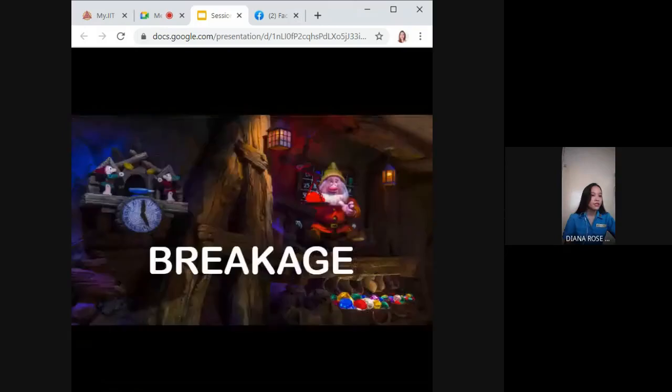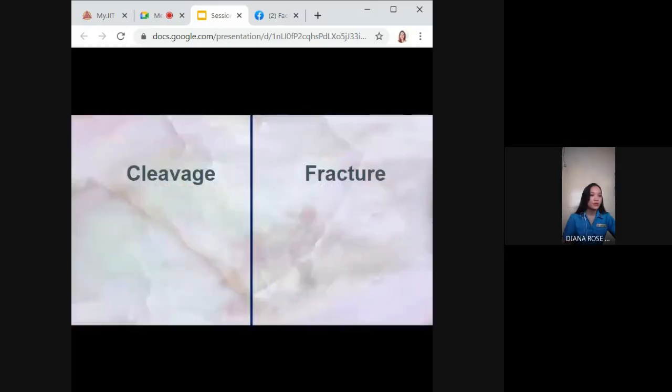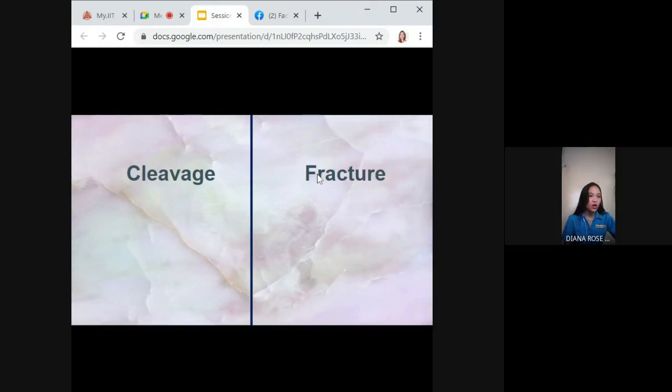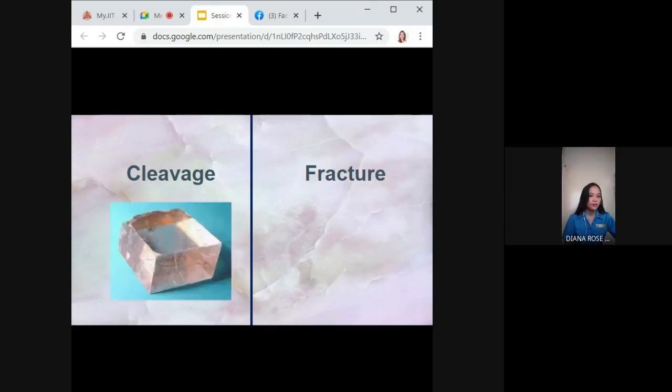Now, breakage. Breakage is the action of breaking something or the fact of being broken. There are two major ways in which minerals break when you give them a hit. First, they can break irregularly, in which case we say they have fracture, or they can break along parallel planar flat surfaces, in which case we say they have cleavage, like this one and this one.